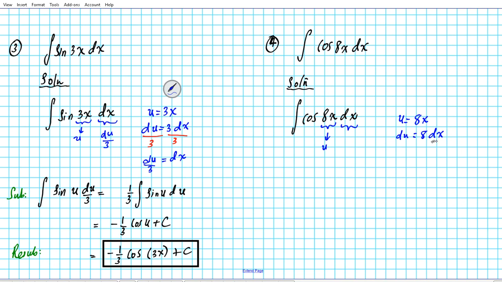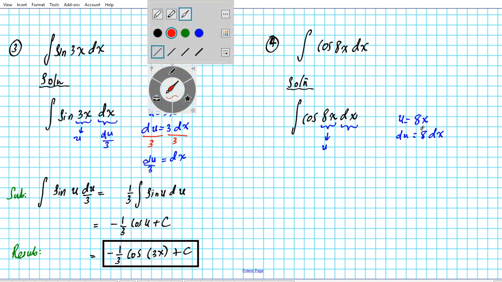So du is 8 times dx. So if du is 8 times dx, what is dx? We're going to have to divide both sides by 8. If du is 8 times dx, then 1/8 of du is what we want. du over 8 is dx. Okay, so we're going to replace dx with du over 8.